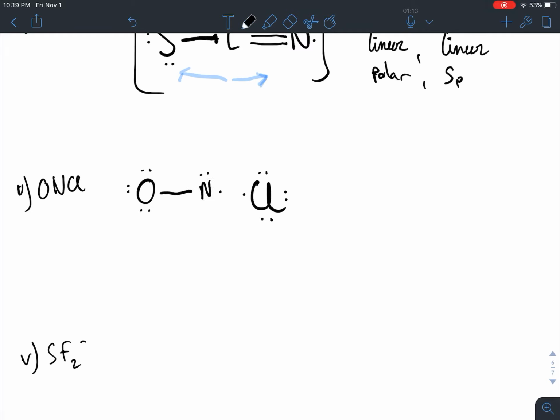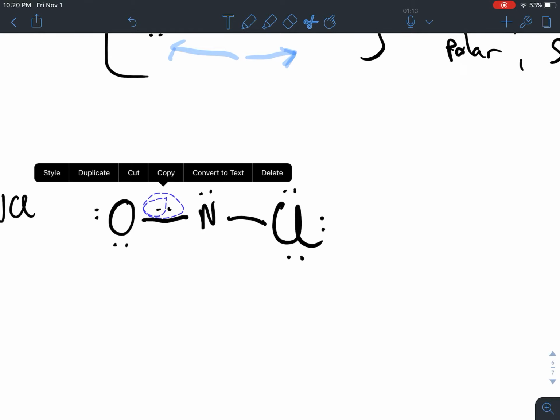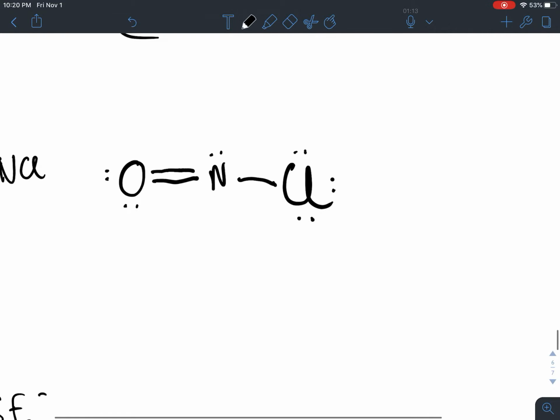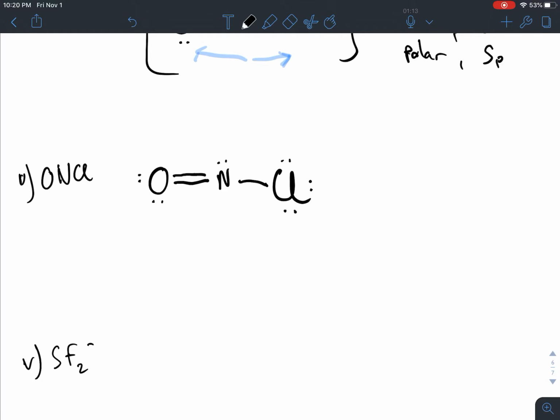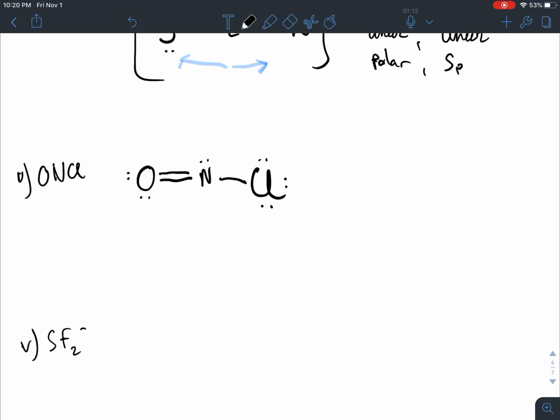Let's draw these as a pair there and draw that pair. Okay, nitrogen doesn't follow the octet rule. But how about these electrons from oxygen come down and form a double bond. Okay. Now, the formal charge on all those species is 0. And I think that's our molecule.